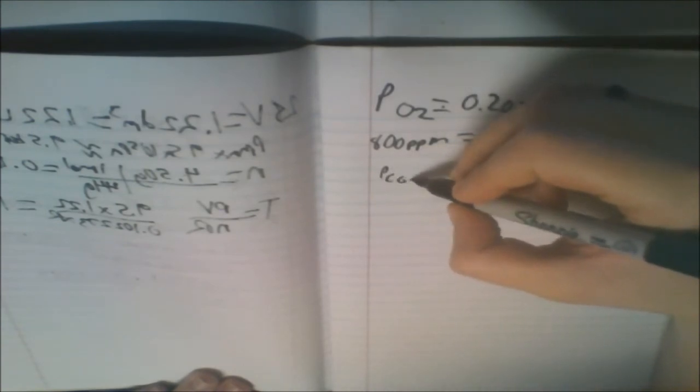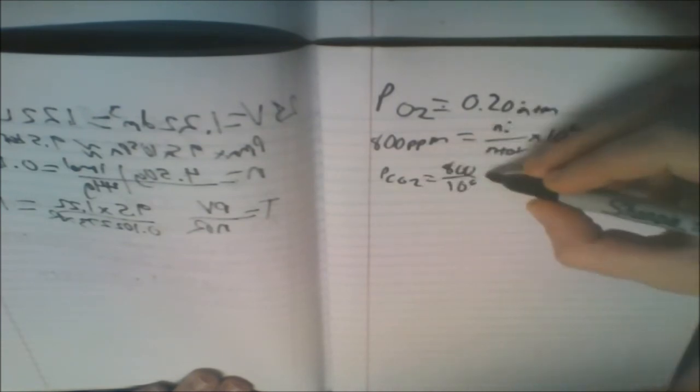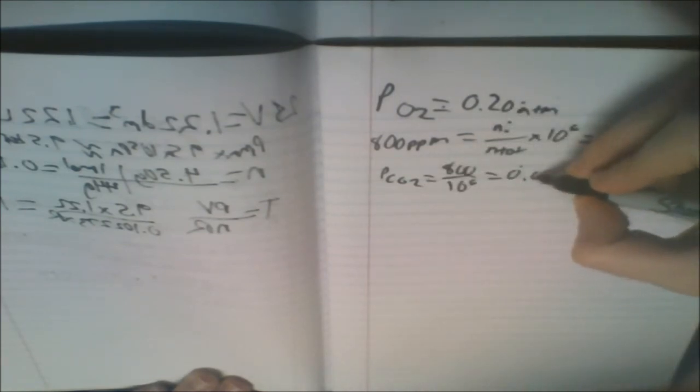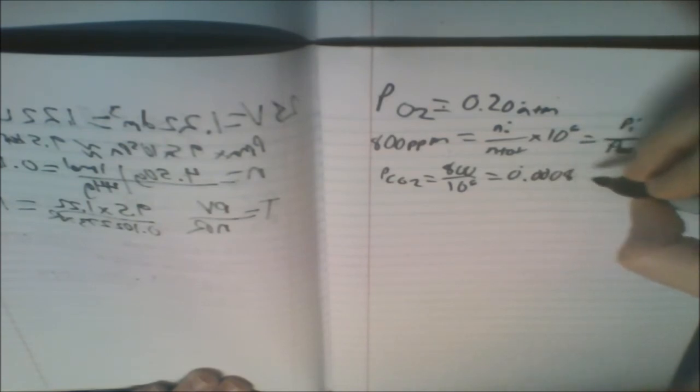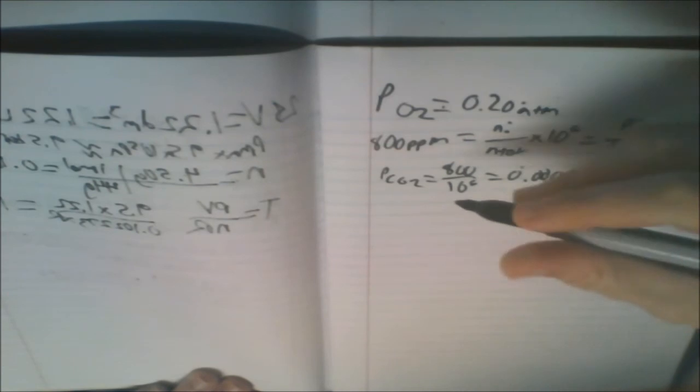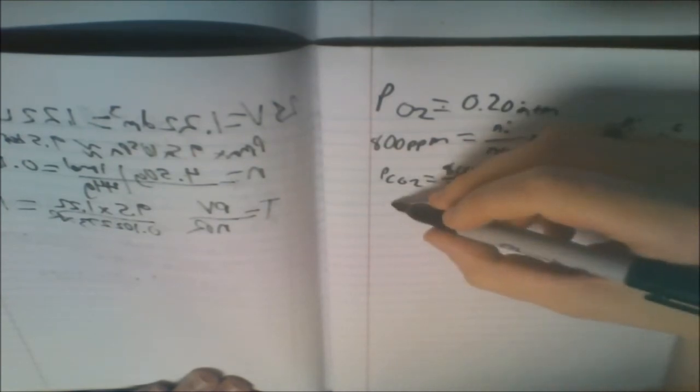So the pressure of CO becomes 800 divided by 10 to the 6th, which is 0.0008 atmosphere.